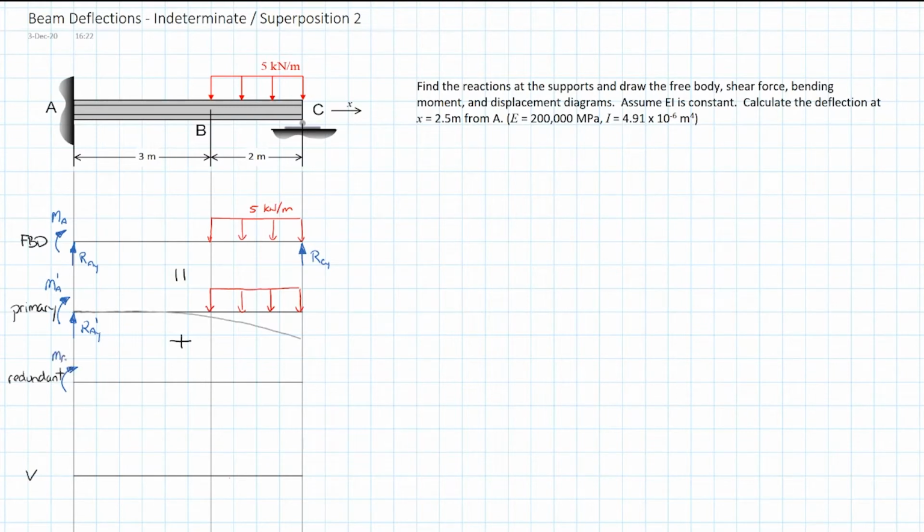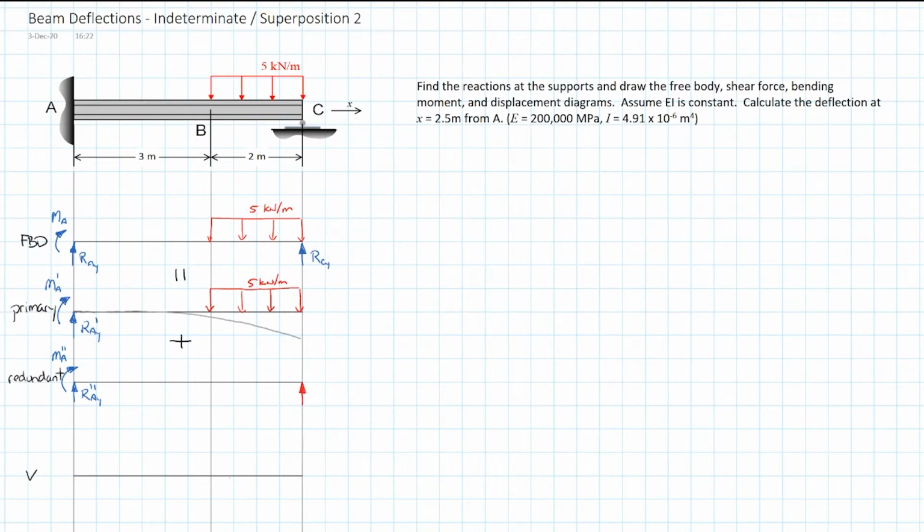That's the moment at A, in this case a double prime, and reaction AY double prime. We've already got the uniformly distributed load in the primary system, so we don't need to add it again, but we do need to accommodate the reaction at CY. In this case, I'm going to draw it in as if it was an applied load. That's the way we're going to treat it.